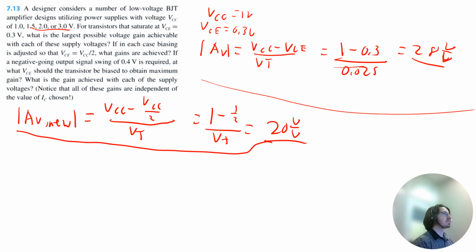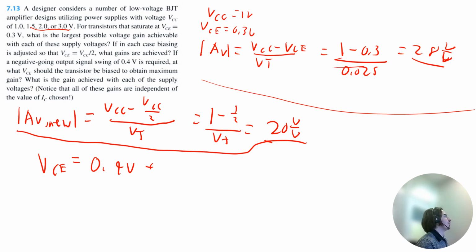So if a negative output swing of 0.4 volt is required, then in order to obtain the maximum gain from the transistor, it needs to be biased at VCE equals that 0.4 volts, plus its peak near saturation.